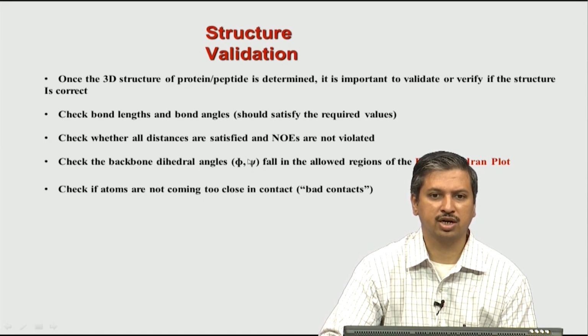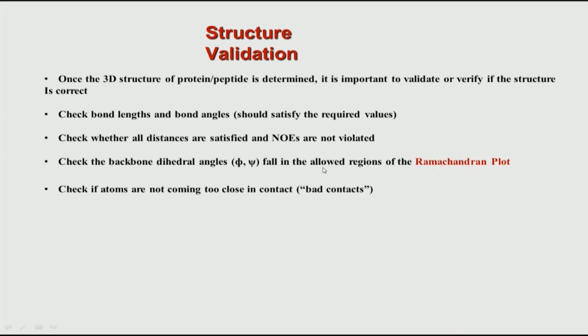The other thing which is checked is that the backbone dihedral angles, phi and psi, for the backbone peptide bonds, should fall in what is known as the allowed regions of the famous Ramachandran plot. The Ramachandran plot is a plot of phi versus psi. This is a very standard plot you would have seen in textbooks and in papers.